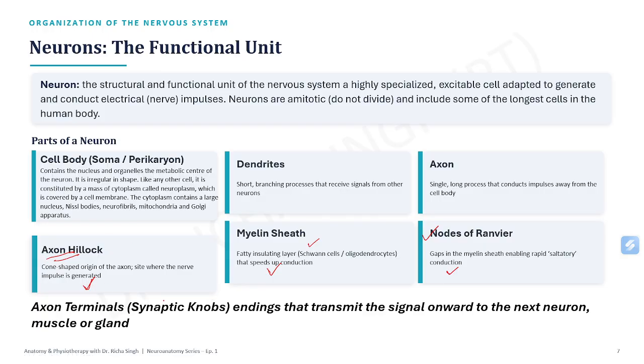Lastly, axon terminals or synaptic knobs end in the effector organ. It may be a neuron, a gland, or a muscle, which actually has to follow the command that is given by the neuron.